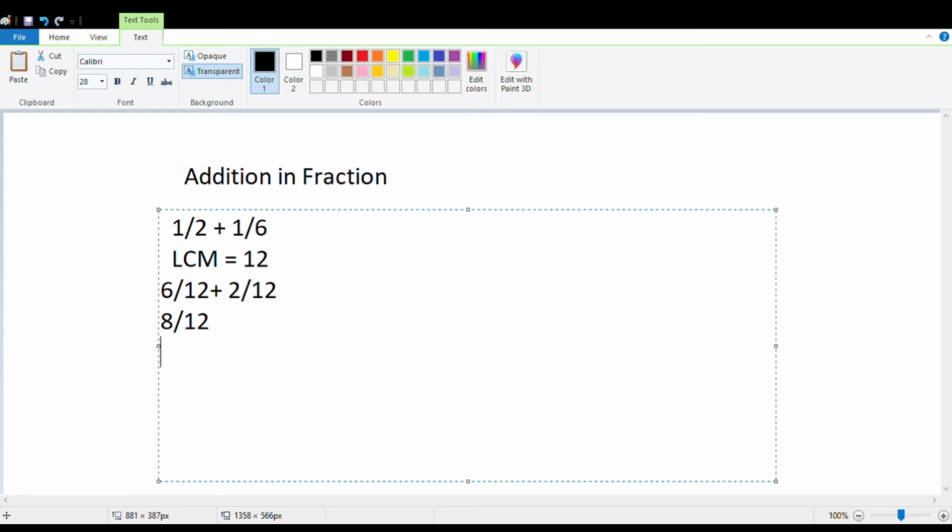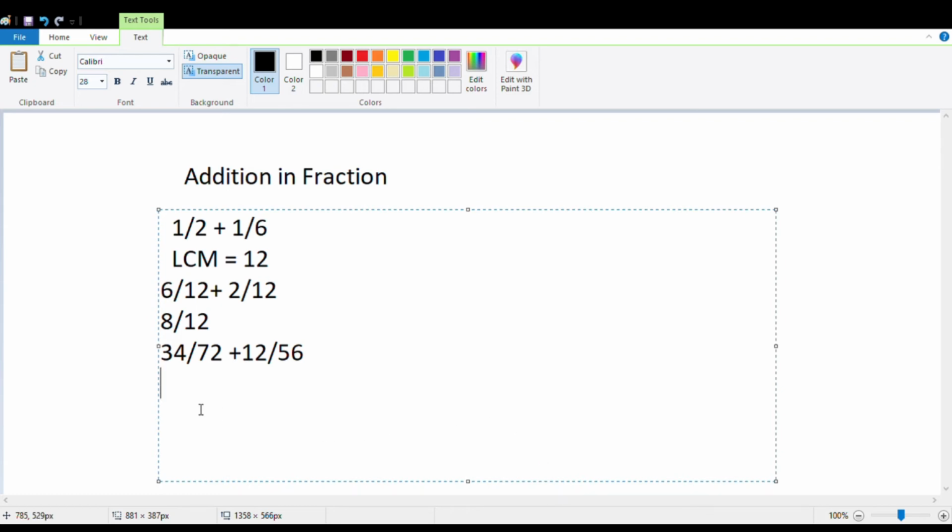Let's take another example. Let's say 34 by 72 plus 12 by 56. This must be pretty interesting.